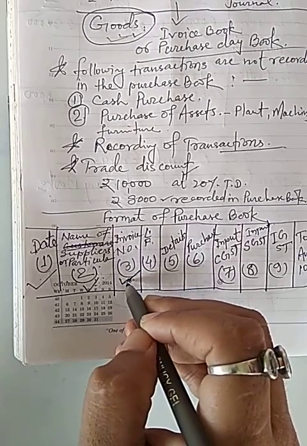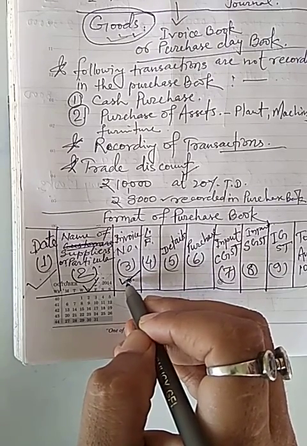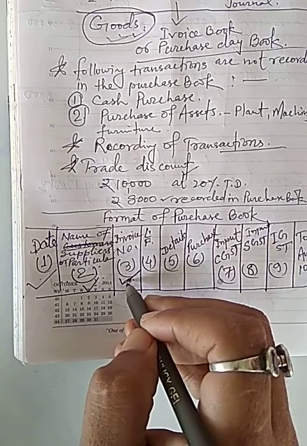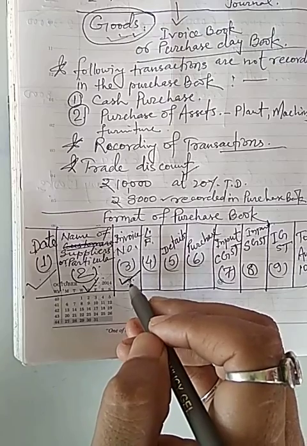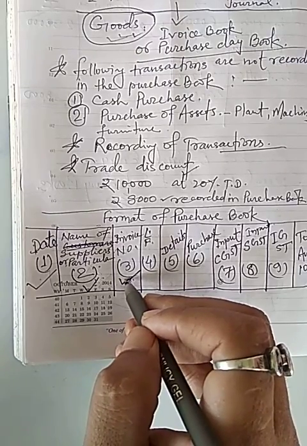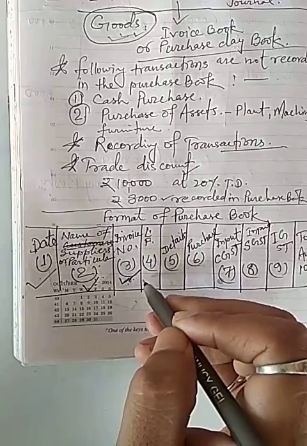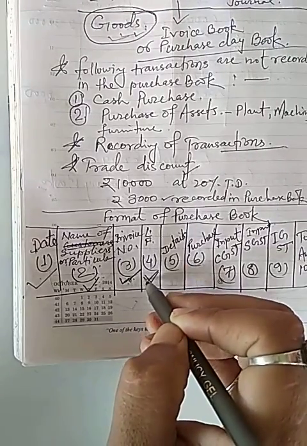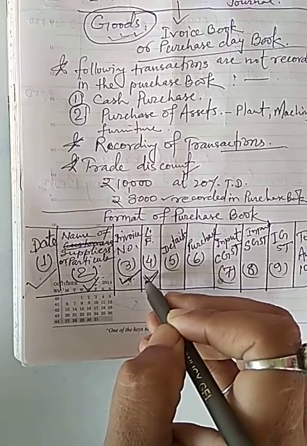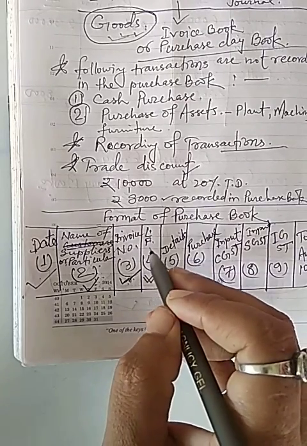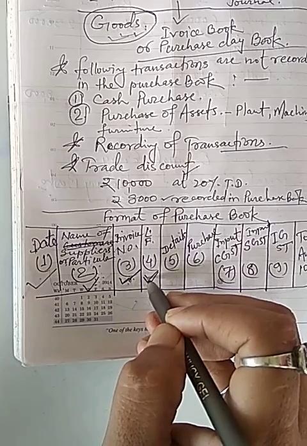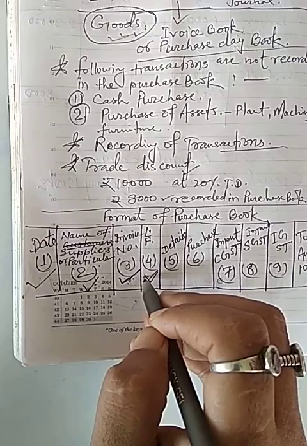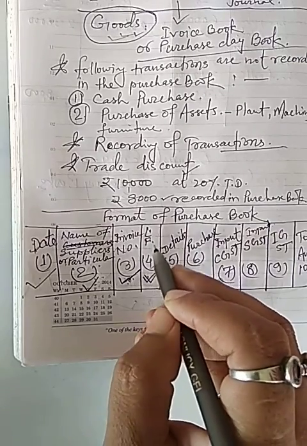If invoice number is given in the question, I will record it, and when not given, it will not be needed. Fourth column is related to LF, ledger folio. Page number of the ledger where the transaction is posted is recorded in this column.